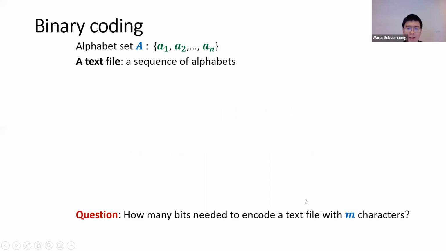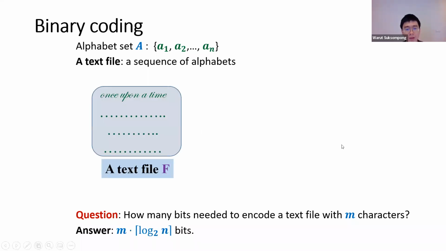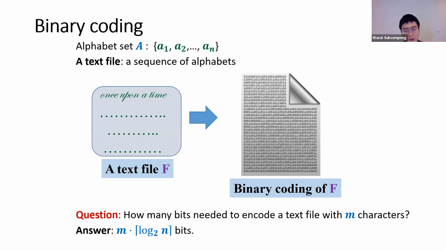Now suppose you want to encode the text file with M characters. So how many bits do you need? You want to change the text file into a binary coding. The text file, once upon a time and so on, are characters, but then you want to change it to a sequence of zeros and ones.